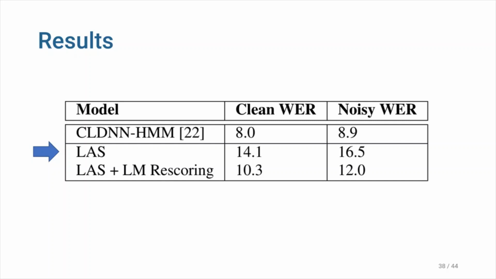The Listen, Attend, and Spell model achieved 14.1% word error rate on the clean test set and 16.5% error rate on the noisy test set without any dictionary or language models. Language model rescoring improved the results for the clean and noisy test sets to 10.3% and 12% respectively.